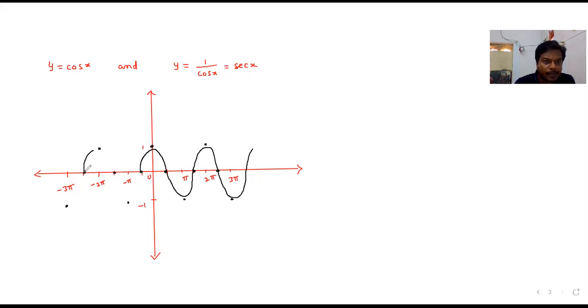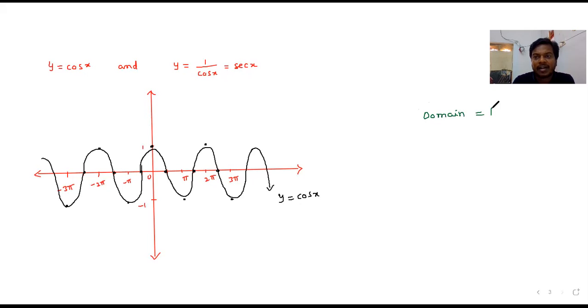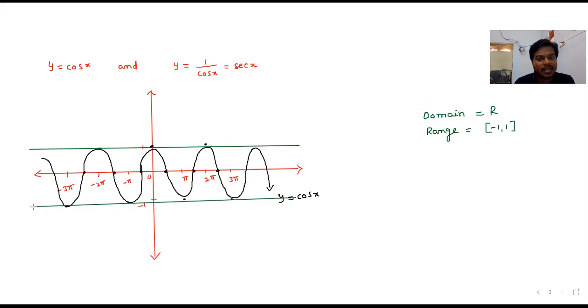This one is the graph of y equal to cos x. And I can write from this clearly the domain, set of all real values, and the range of this function from minus 1 to 1. Here it is y equal to 1, and this is y equal to minus 1.